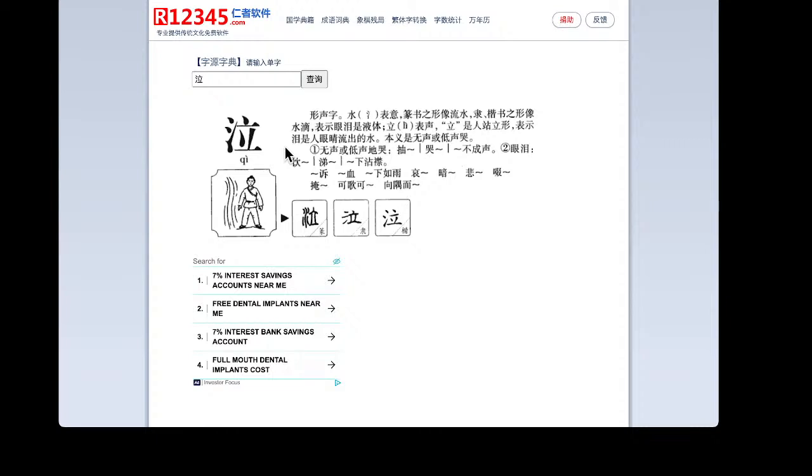It's also like a person standing there, basically, and it means a person standing there and the tears coming off silently.